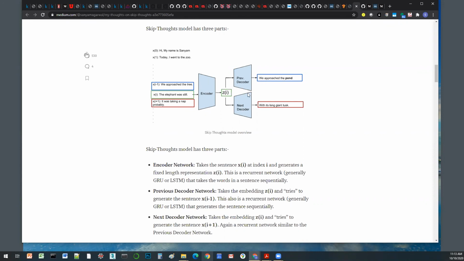This means that the encoder has to be trained through the loss from these 2 decoders to generate the ZI such that it really does a good job of encoding the meaning of the sentence, so that these decoders are able to predict this. And if you read through the blog, that's what it describes, and yeah, pretty remarkable.